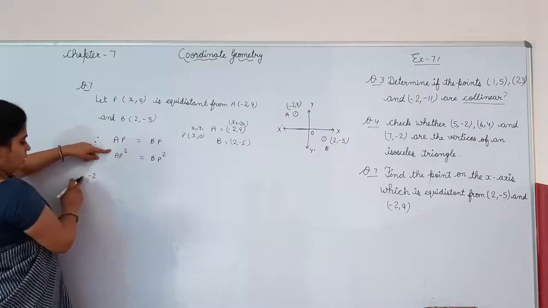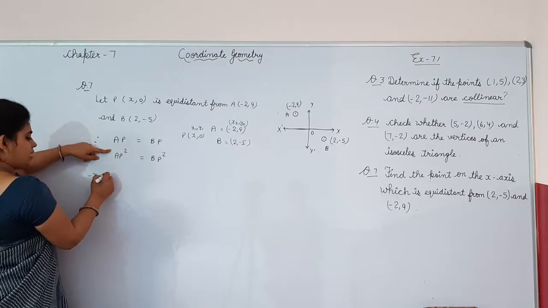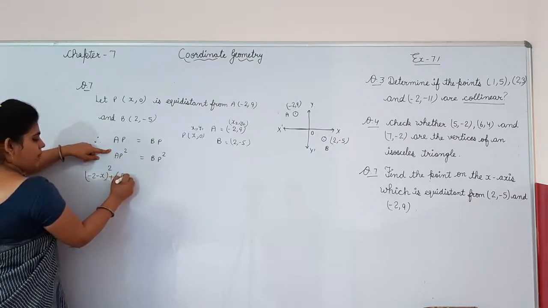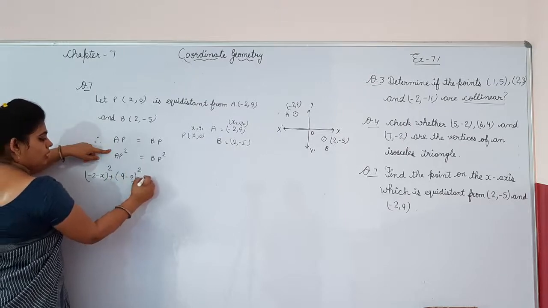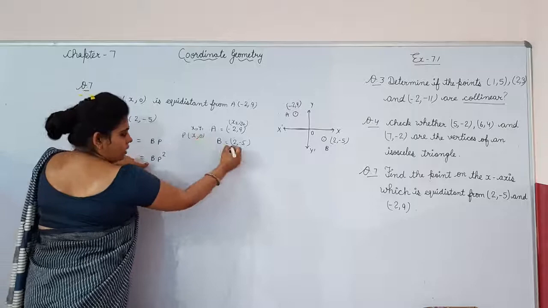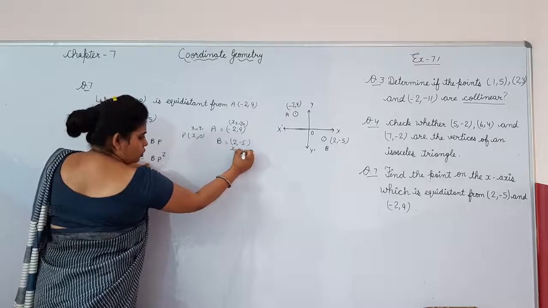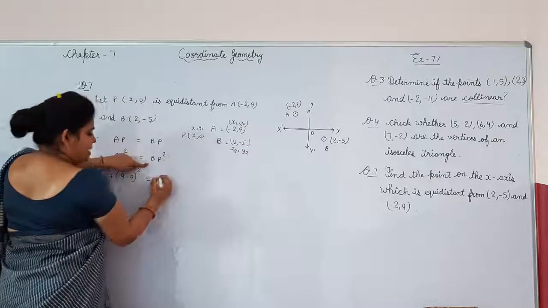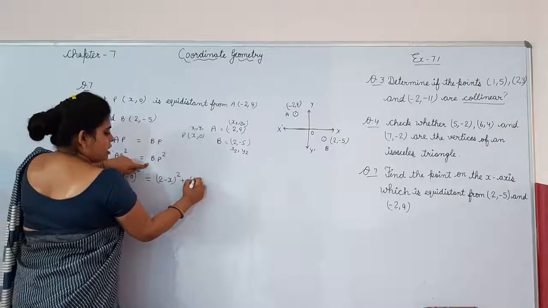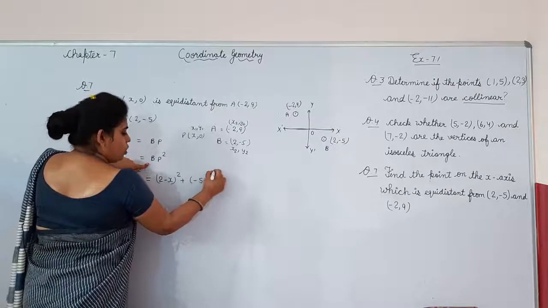So I can write (minus 2 minus x) whole square plus (9 minus 0) whole square, which will equal BP square, which is (2 minus x) whole square plus (minus 5 minus 0) whole square.